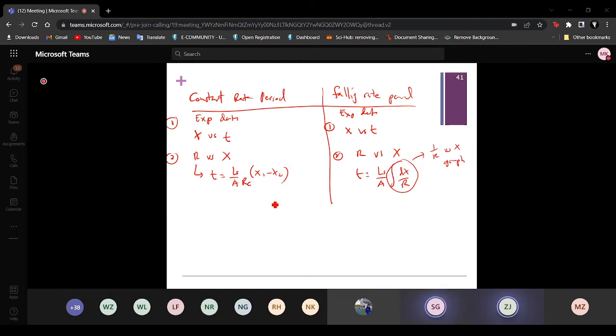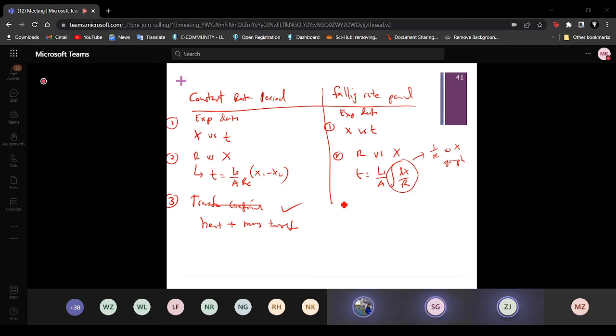Third, for the constant rate period we hold on, because we have another method whereby we use the transfer coefficient. This involves heat plus mass transfer, which we will discuss later on.